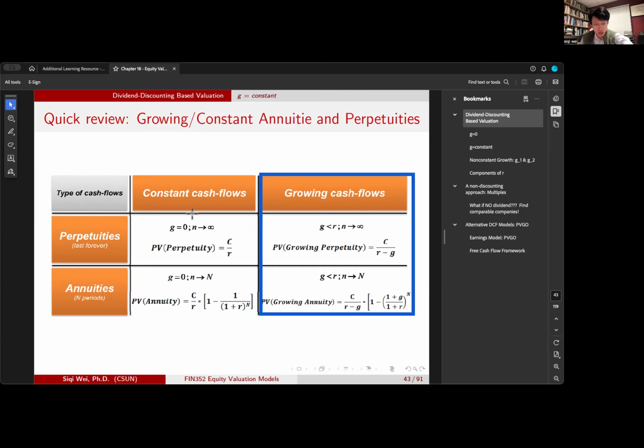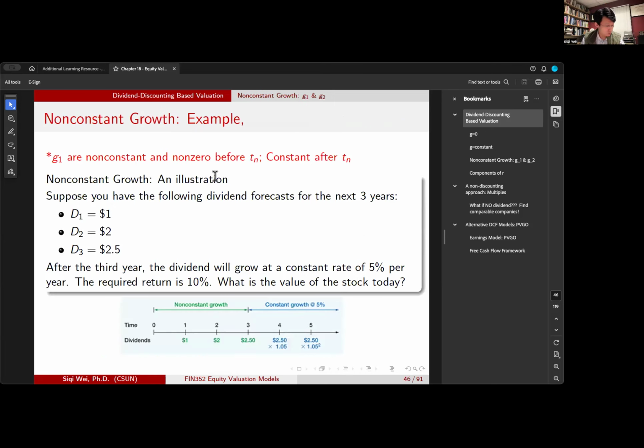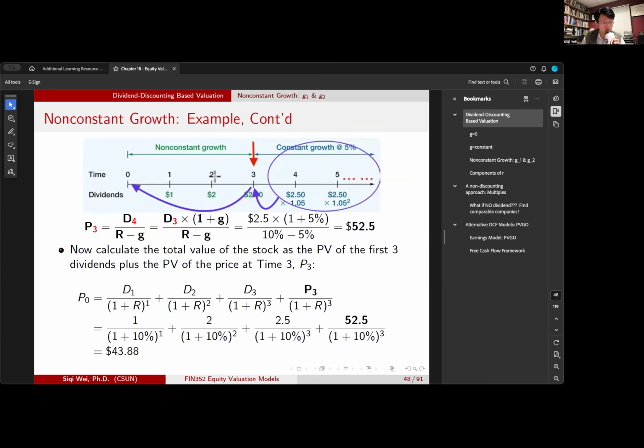You have constant perpetuity, constant annuity, growing perpetuity, and growing annuity. You don't need to memorize everything. Yeah, this is the example we worked on last time.